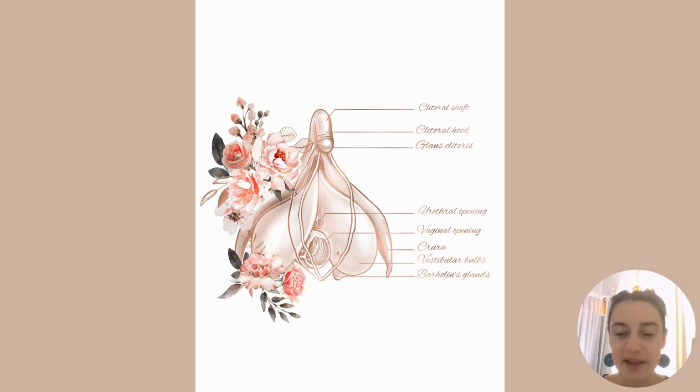But we don't always know about the internal aspect of the clitoris. So that's those beautiful wings that you see coming out either side, and the two bulbs. The bulbs of the clitoris become enlarged when we experience sexual arousal, for example. And there's important nerves and blood supplies very close to this region as well.